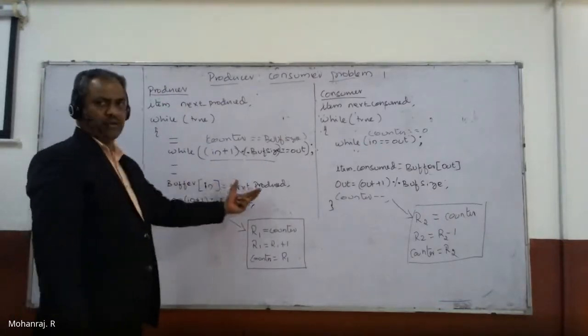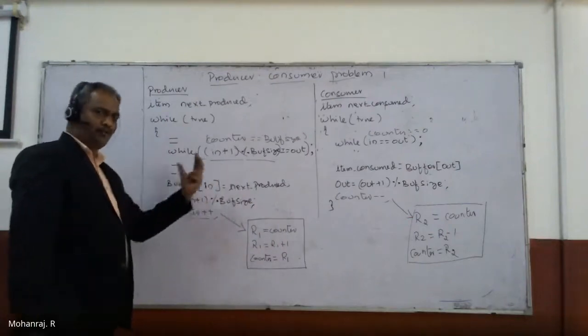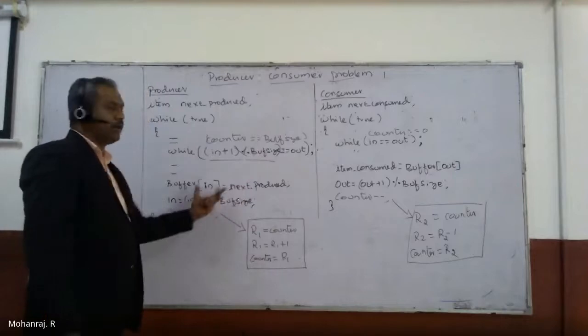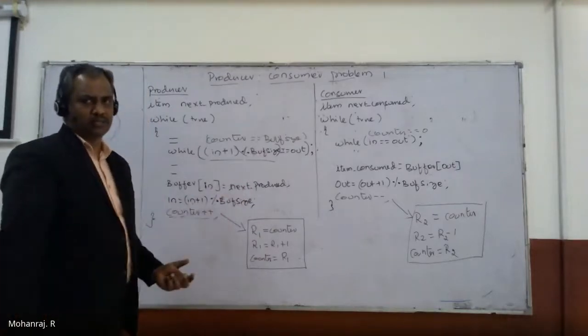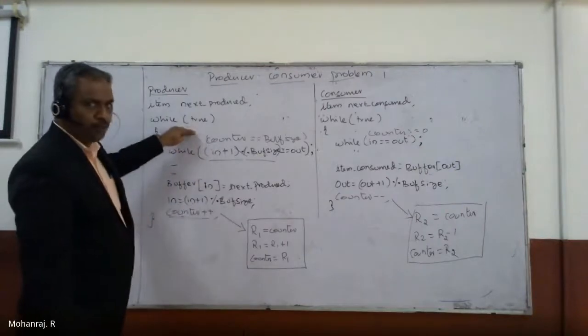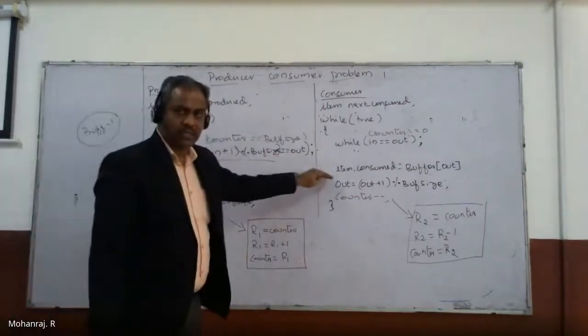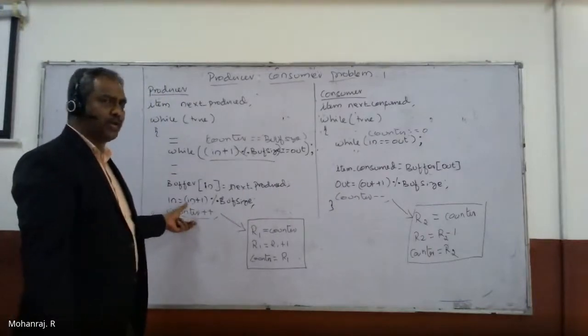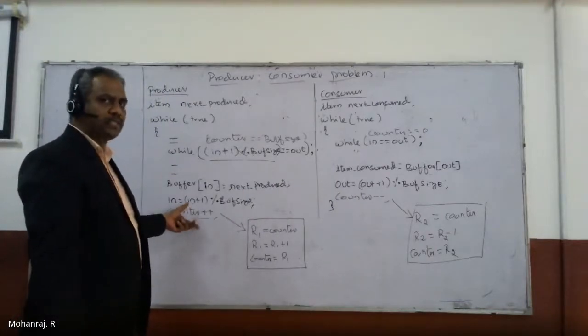And the buffer is shared. So for both of these code or processes, counter and buffer are shared space. By which it knows, even if it has produced, this is going to increase the value of the counter as soon as a new item is produced and placed in the buffer.